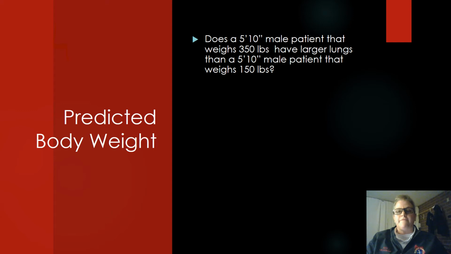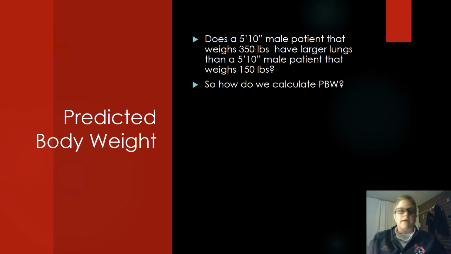Does a 5'10" male patient that weighs 350 pounds have larger lungs than a 5'10" male patient that weighs 150 pounds? No. We all know that. Ideal body weight and predicted body weight. So how do we figure it out? Well, there's a formula.